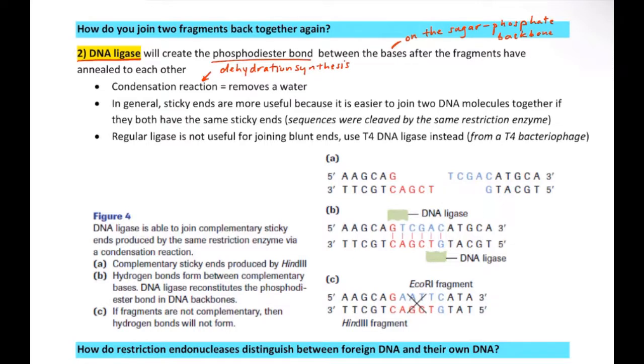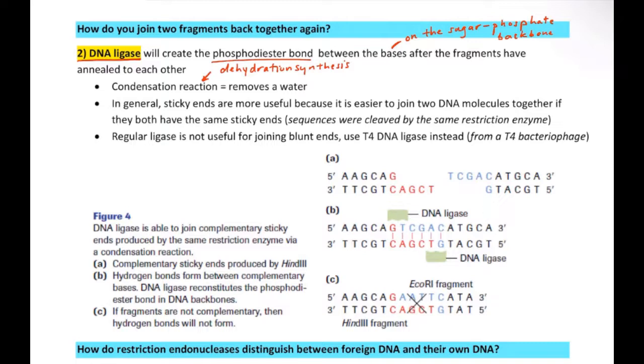I've already mentioned this, but sticky ends are so much more useful because you get to join two DNA molecules together, but they already have that loose little hydrogen bond already forming, and it gives the DNA ligase enough time to get there and seal those phosphodiester bonds to make it a permanent join, as long as they're complementary sticky ends. But if you have a blunt end, you can't use your normal ligase like you would in any other cell.